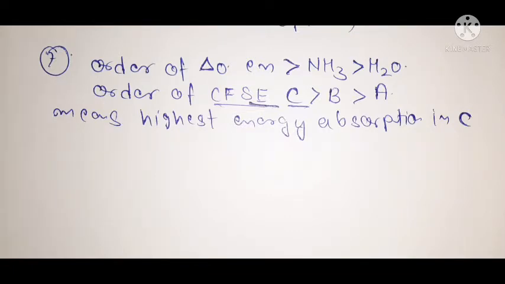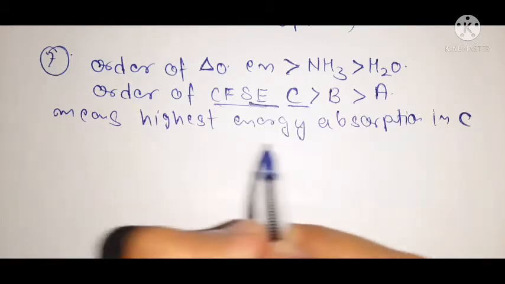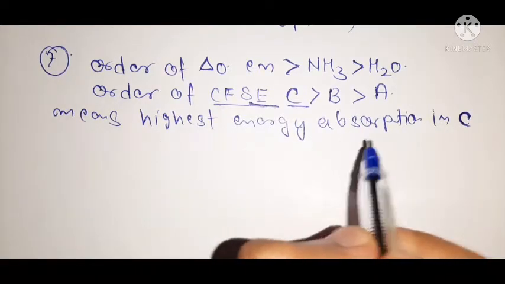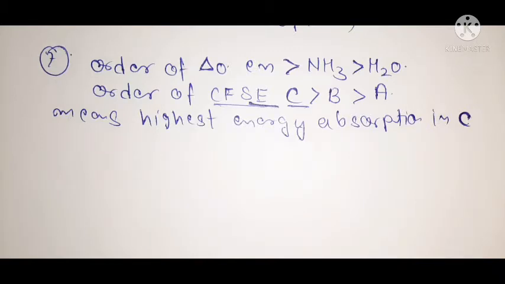Here lambda max is a wavelength, that they are inversely proportional to each other. When there is a high energy, there will be the low wavelength. Okay, so that means highest energy absorption in C. So that means it has lowest value of lambda max. When highest energy absorption is present in C, that means it leads to the lowest value of lambda max.